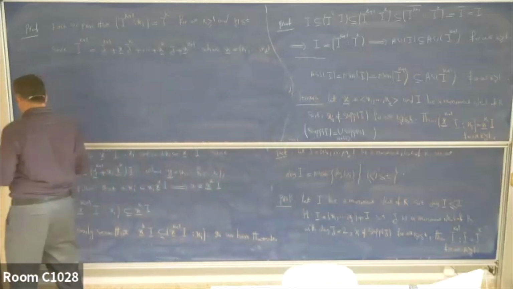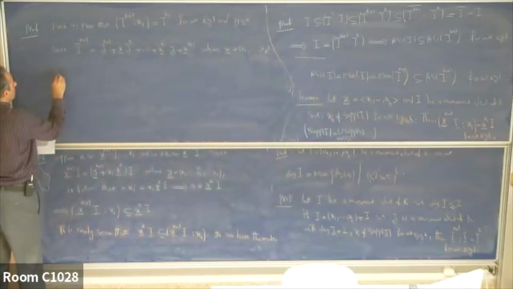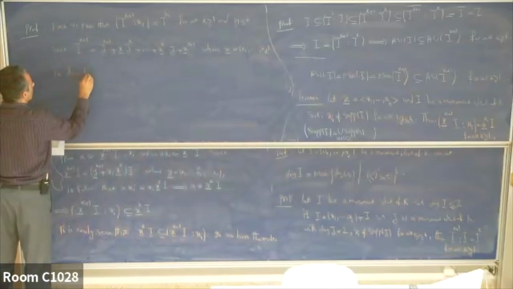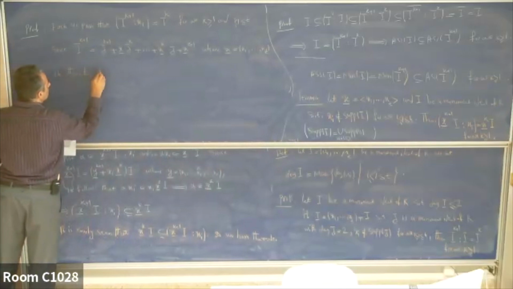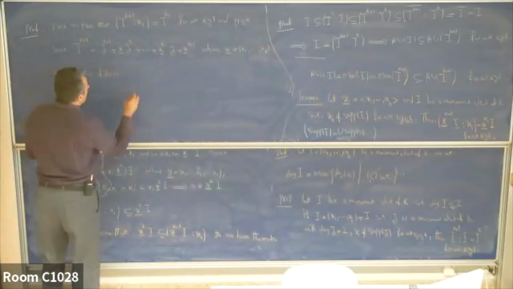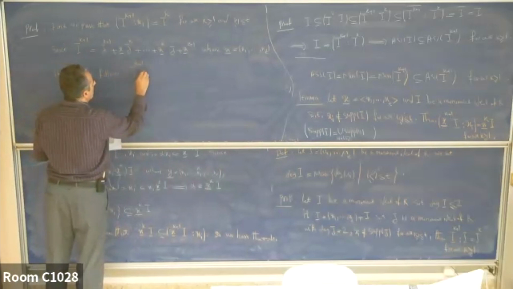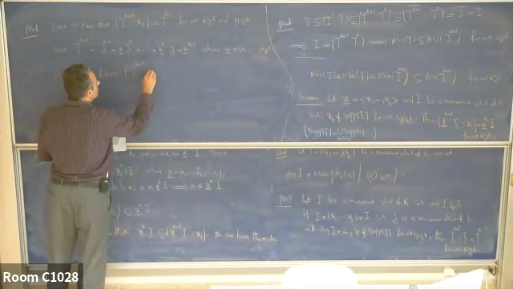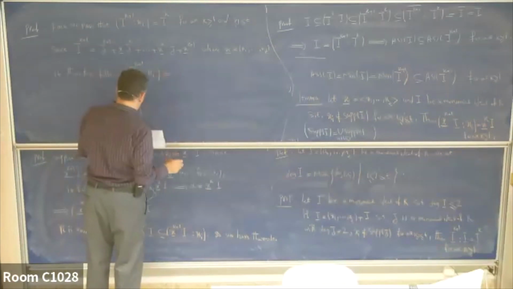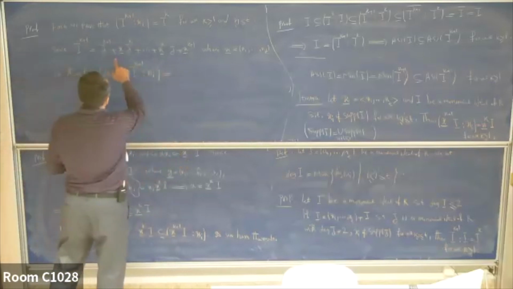So it therefore follows that I^(k+1) colon ideal is equal to this one, jk.